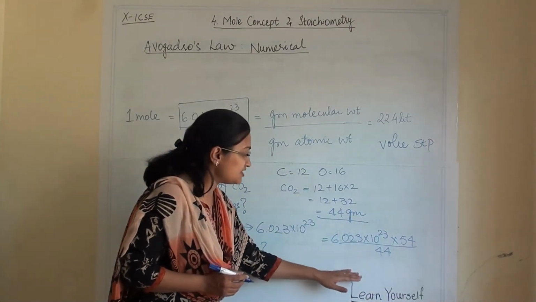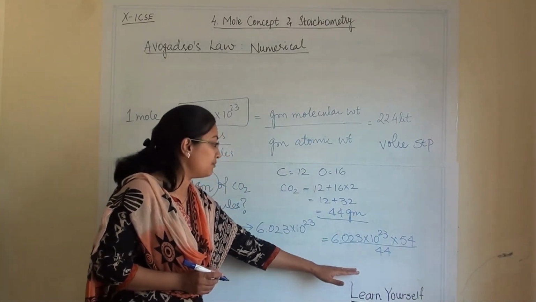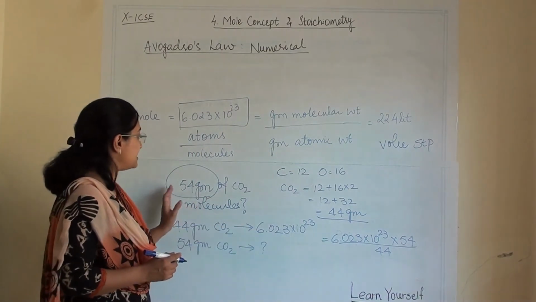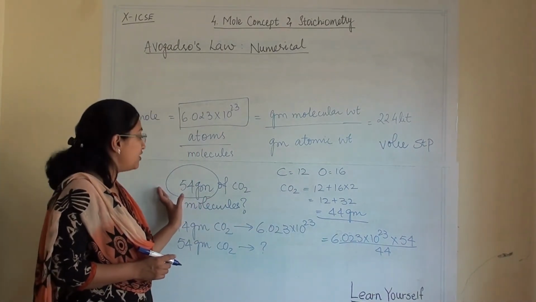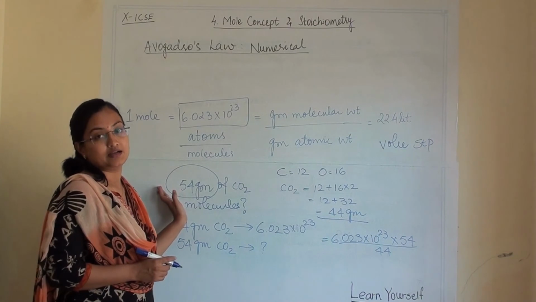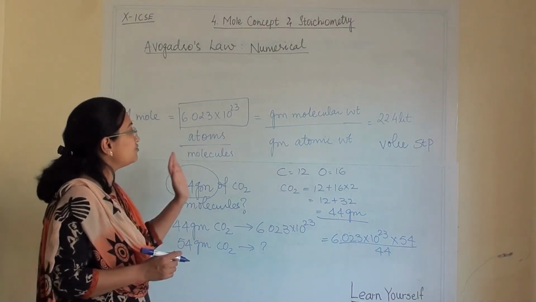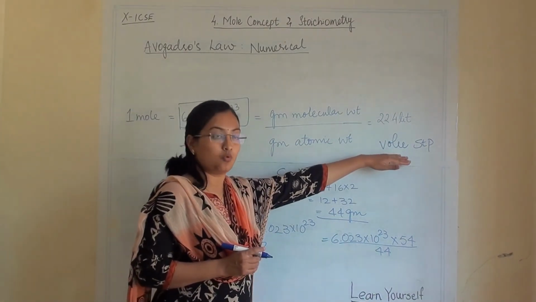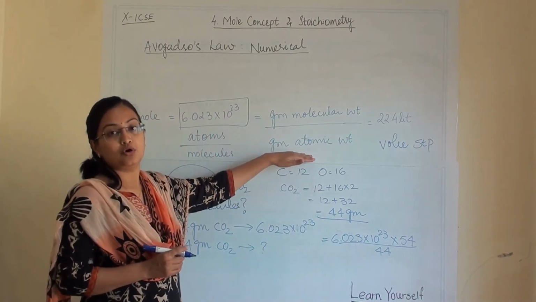Whatever answer you get, that many molecules will be present in 54 gram of carbon dioxide. Similarly, you can also find out for volume and molecular mass.